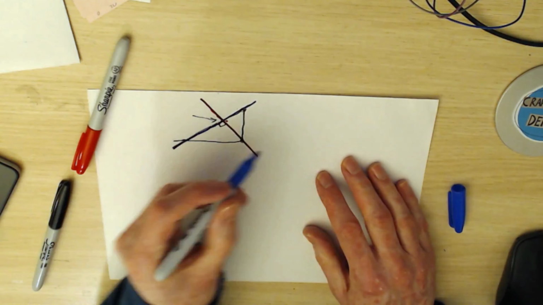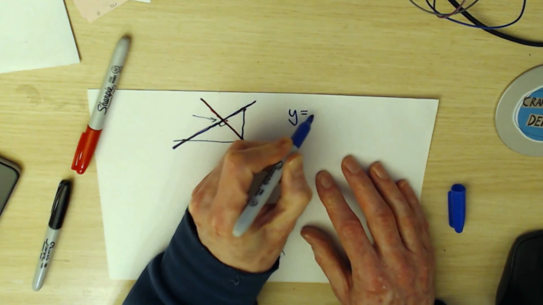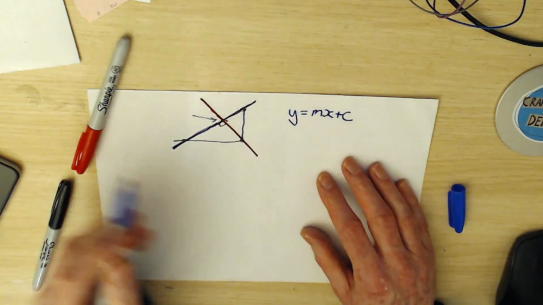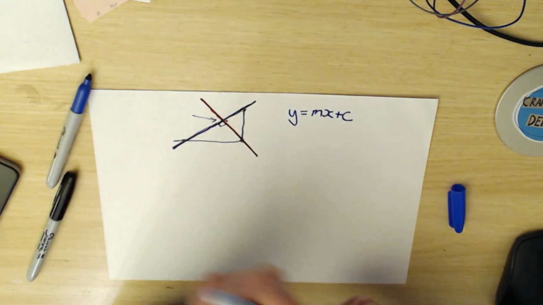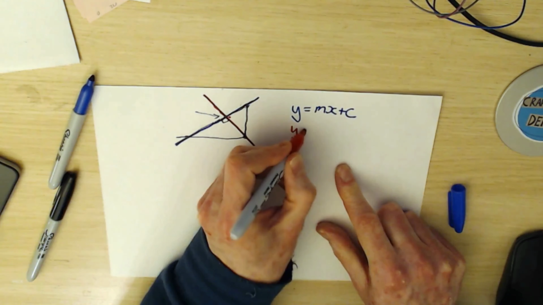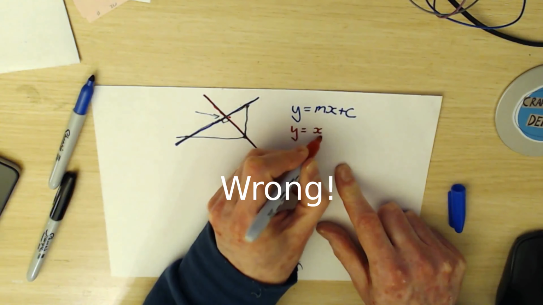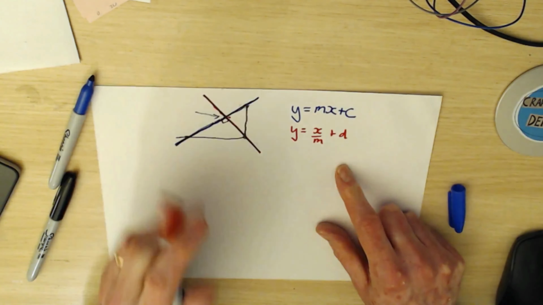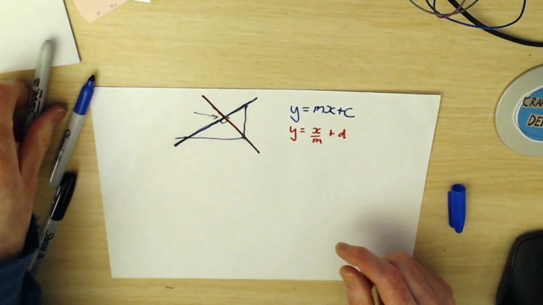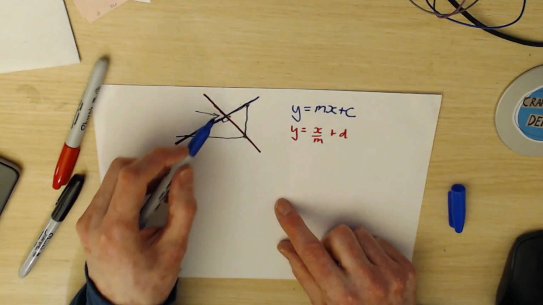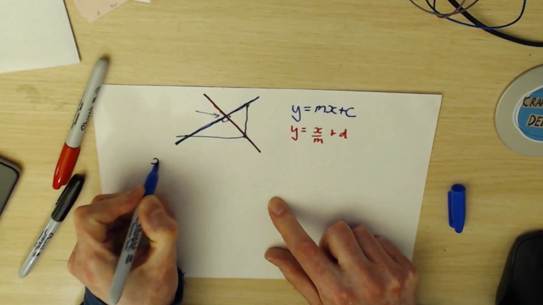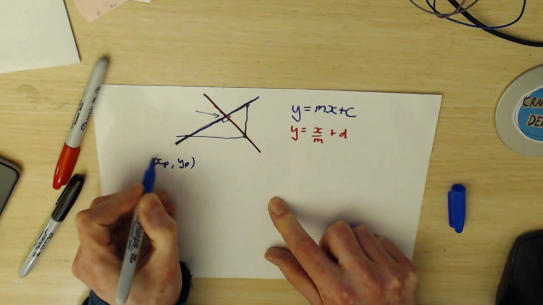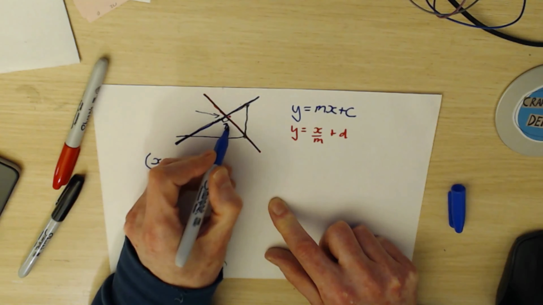The blue line equation is y equals mx plus c. The red line equation is y equals x over m plus d. It's got a different intercept. This point here, xp, yp, is what I want to work out.